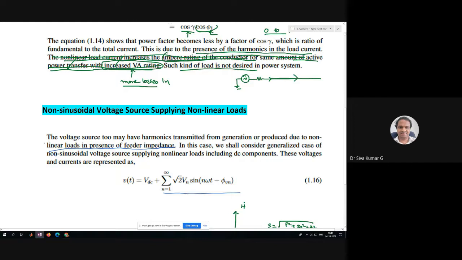See, this is one of the points which I used to say. The voltage source may have harmonics transmitted from generation, or produced due to nonlinear loads in the presence of the feeder impedance. This is about the voltage v of t, the summation of n equal to 1 of root 2 Vn sine of n omega t minus phi Vn.